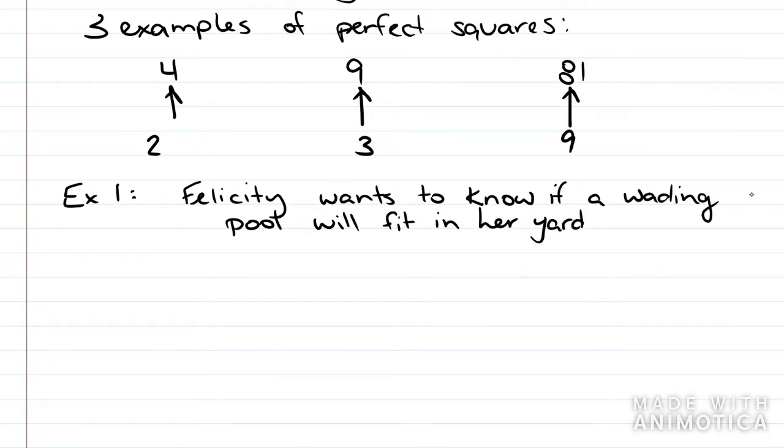She knows that the wading pool is square and that it has an area of 7 meters squared. So what she wants to know is what is the side length.